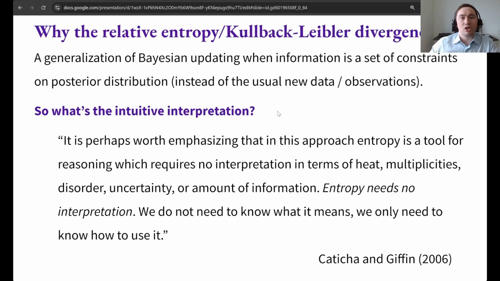All right, so then there's this question that why do we use this relative entropy in KL divergence? And basically there's this article which shows that when we perform an updating in this way, it has some very nice properties, and that is a generalization of Bayesian updating. So it's a generalization in the sense that for Bayesian updating, usually you have a prior model before you see the data, and then you see some data, and then you get the posterior.